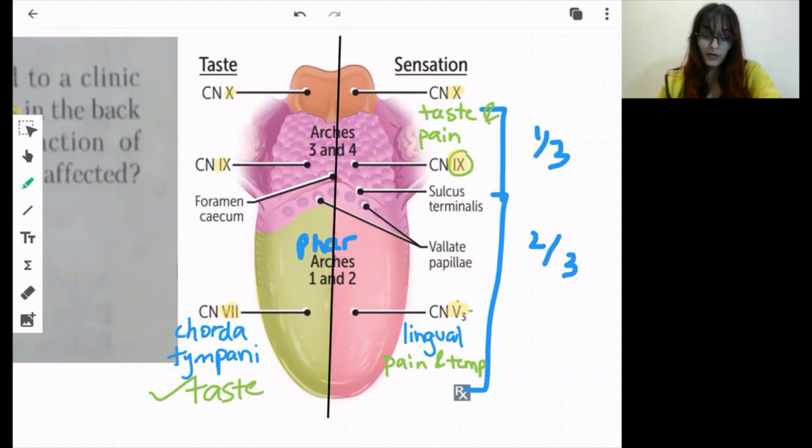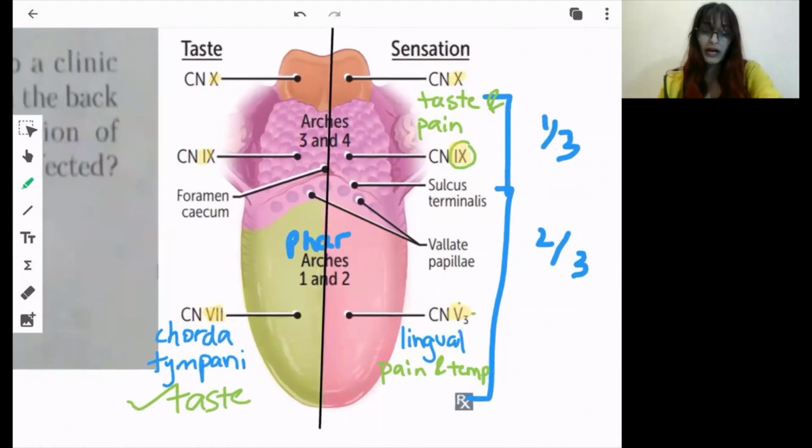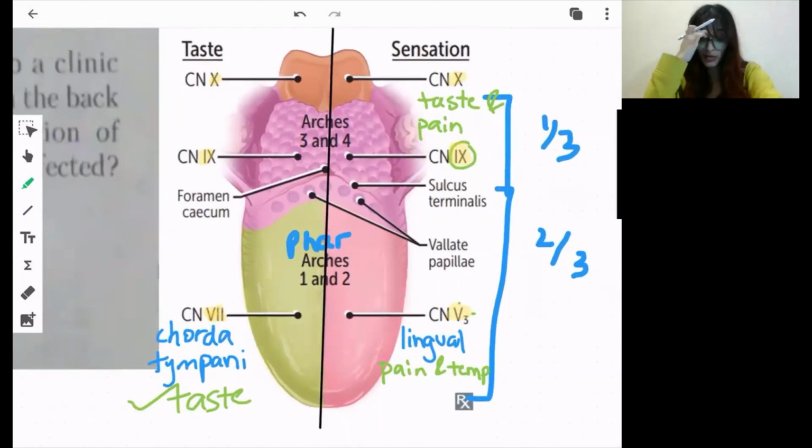You can see that they have drawn the epiglottis here. Another thing that you should know is that the line demarcating the anterior 2/3 and the posterior 1/3 is the vallate papillae, and they come in the posterior 1/3.